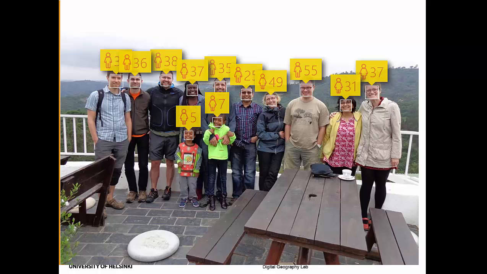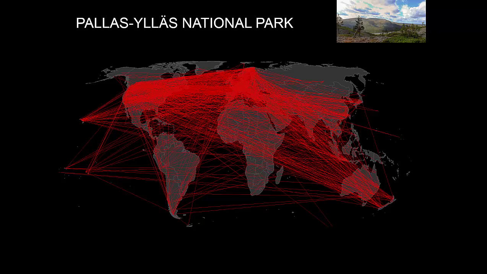And then when this is combined, for example, with mobilities, so this is now visitors of PALLAS-YLLÄS National Park, where globally they have been going, in which other places or from which other places they have been posting. So, of course, this starts to also tell, if analyzed in more detail, something about the visitor characteristics.